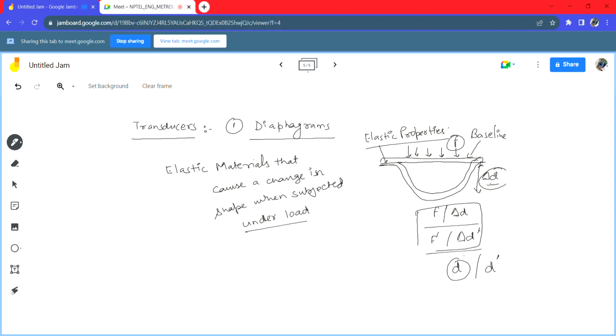So this is one mechanism with which we can very commonly calculate the application of force on elastic materials, and it causes the change in the dimensions of the material. And this change in the dimension of the material is to be studied by different methods.